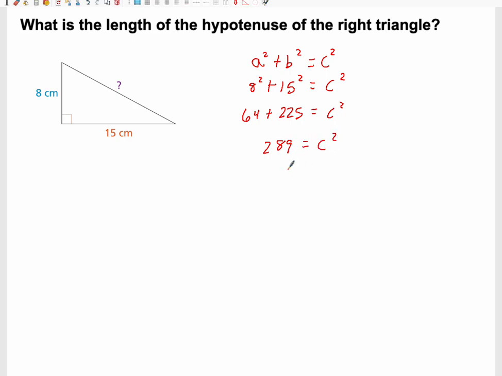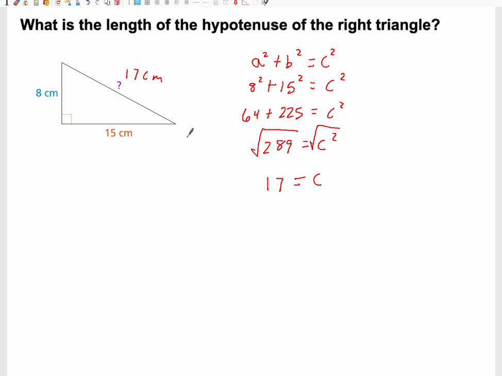And now what do I do to solve it? Take the square root. So square root both sides. Square root of 289. Your calculator is going to be your friend on this lesson. Square root of 289 is 17. So c equals 17. That means the hypotenuse of the triangle is 17 centimeters long.